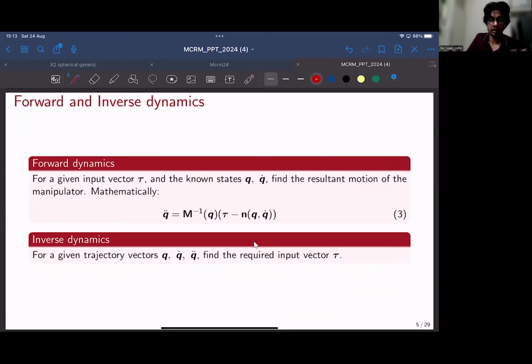Earlier we established that forward kinematics is similar to a simulation of a robot, a virtual simulation of a robot, simulating the robot in a virtual environment. Whereas inverse kinematics is more similar to controlling the robot.